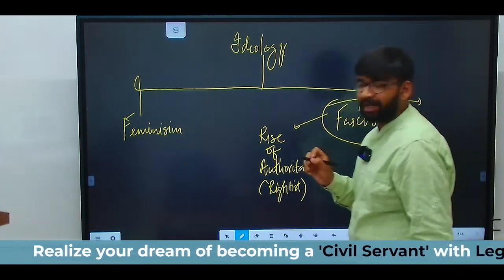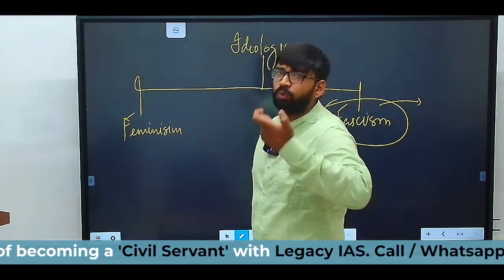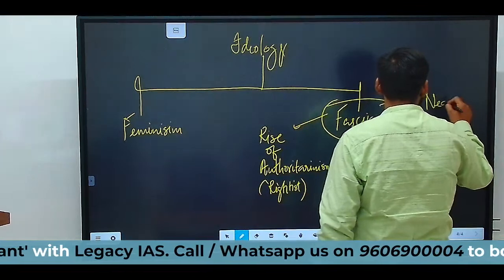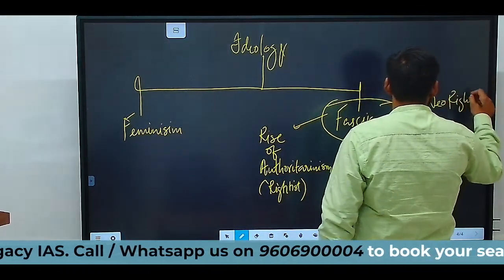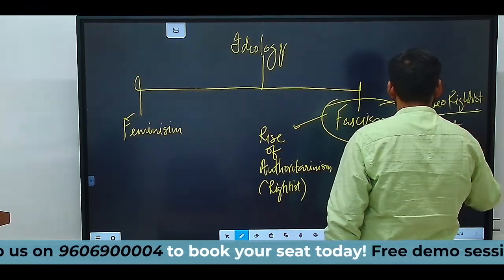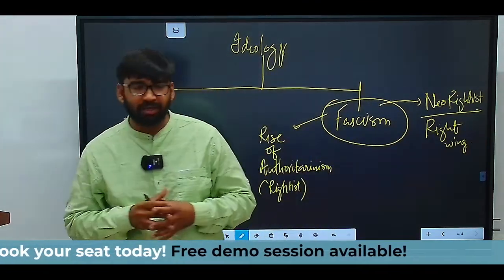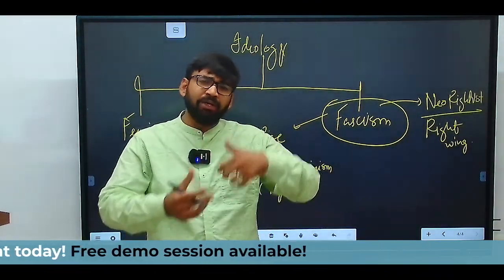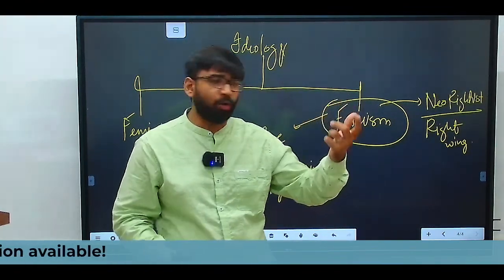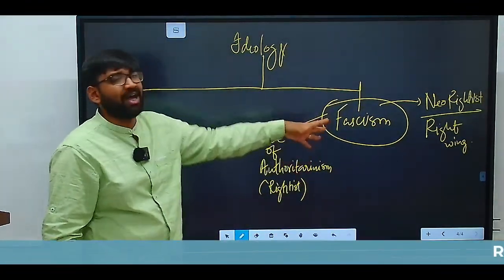After 1991, after the globalization era, a new political ideology came, that is neo-rightist or right wing. Okay, so this concept of left wing and right wing came from history. Again, history, French Revolution. Getting my point? So from the examination point of view, you have to focus more on fascism.